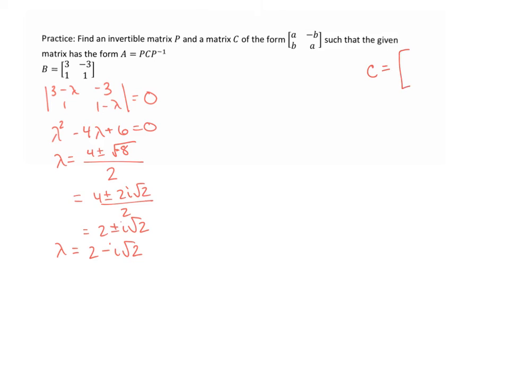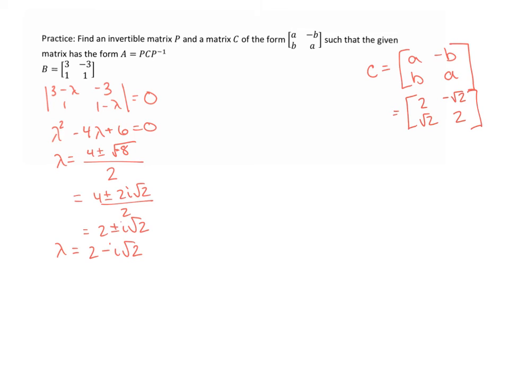So C has the form a, -b, b, a. A and B are the coefficients for the eigenvalues. So here a is 2 and b is √2. Remember here we just keep the same sign as that eigenvalue of a minus bi. Okay, so that's going to be C.